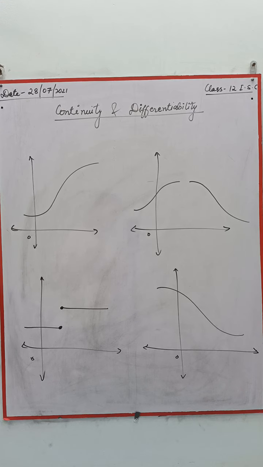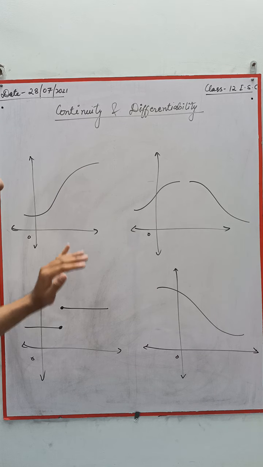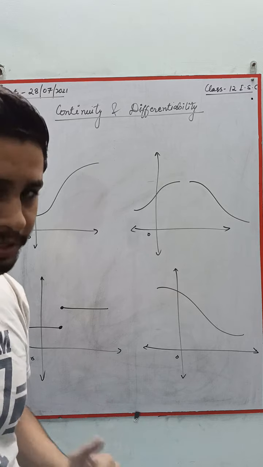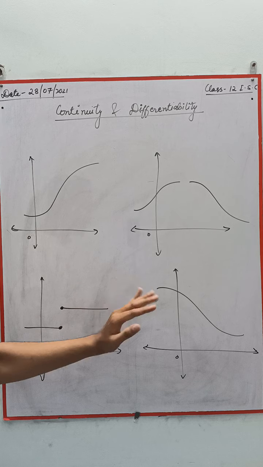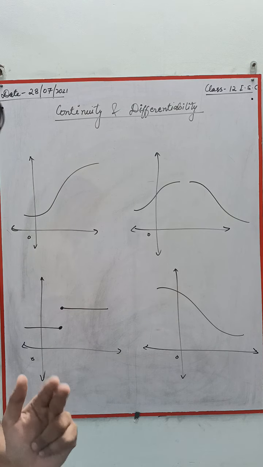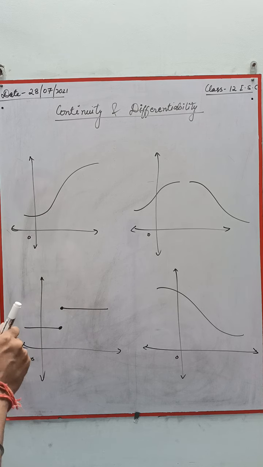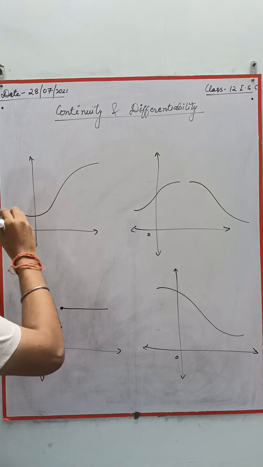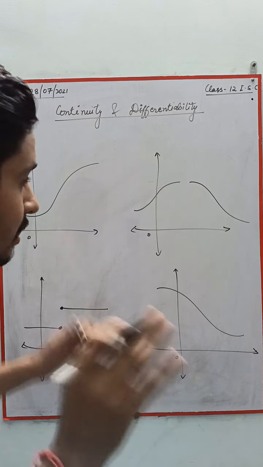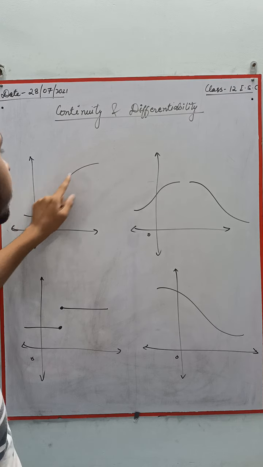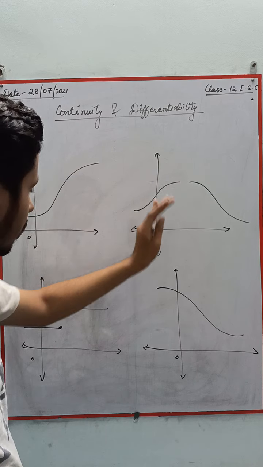Here are the graphs which will depict the meaning of a continuous function. As you can see, I have drawn four graphs. You can start the plotting from this way or this way, that doesn't matter. The only thing is the curve here is a continuous one as compared to this one.